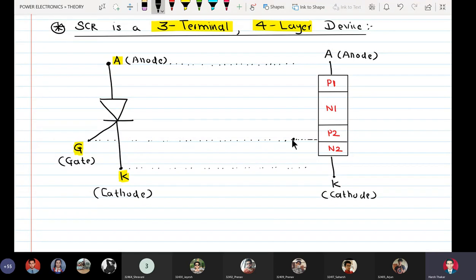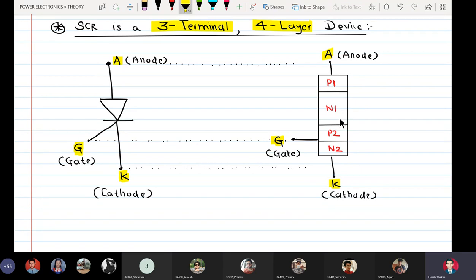So this is my gate, again highlighting as before, gate. Okay, so we see here that out of the 4 layers, P1, P2 and N2 have equal widths, but the layer N1 is actually the widest.